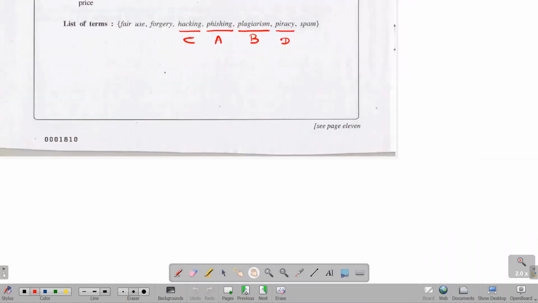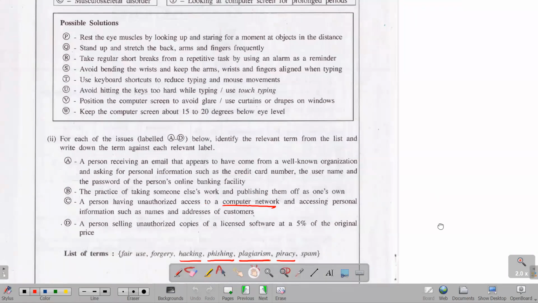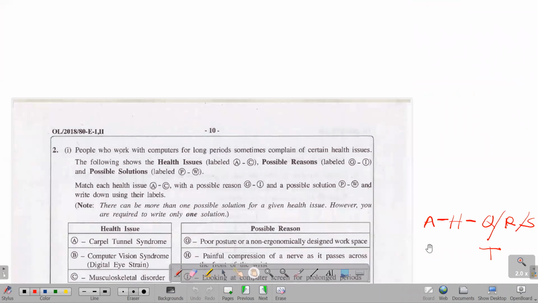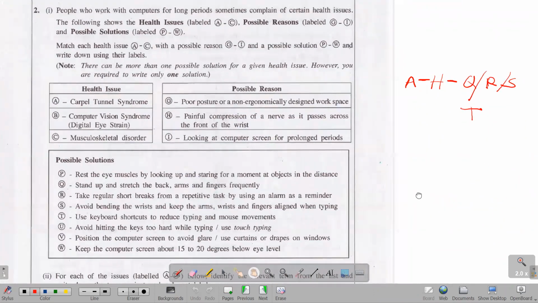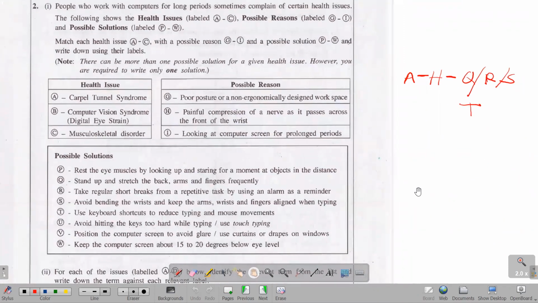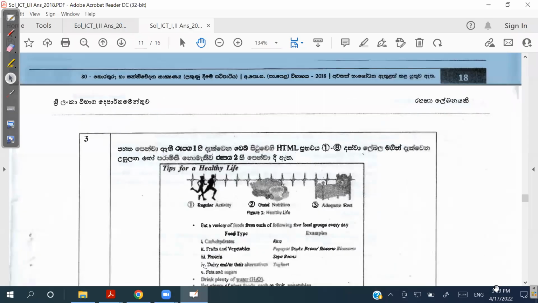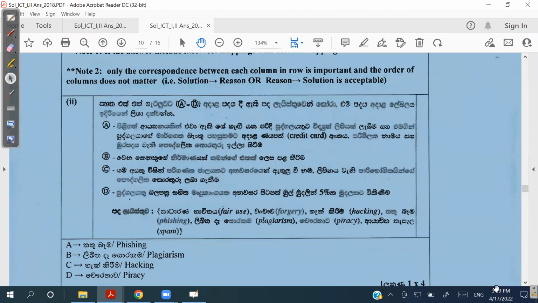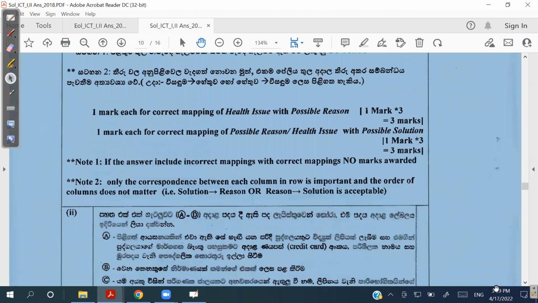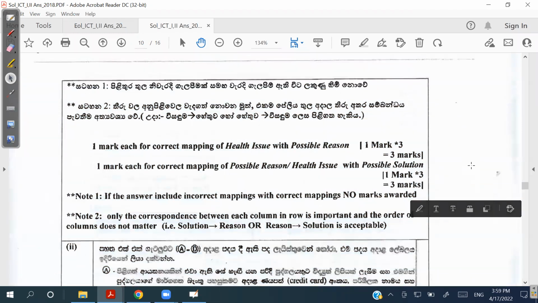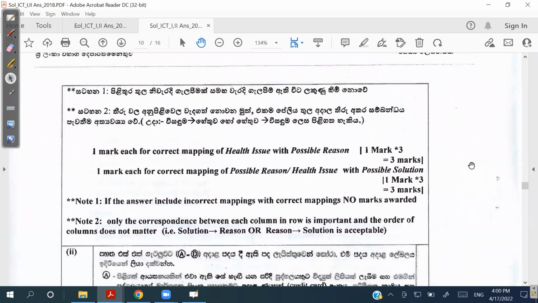Oh, hold on. Did we complete all the things? Oh no, hold on, people. I think I have the markings wrong. Yeah, I'm sorry, people. For the first part, they have given 6 marks. So they say 1 mark for each correct mapping of health issues and possible reasons.